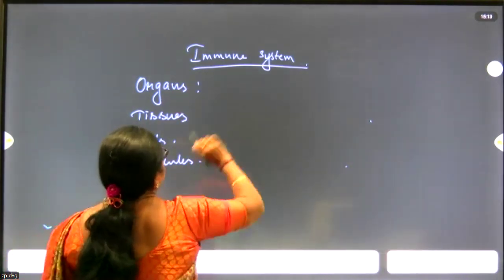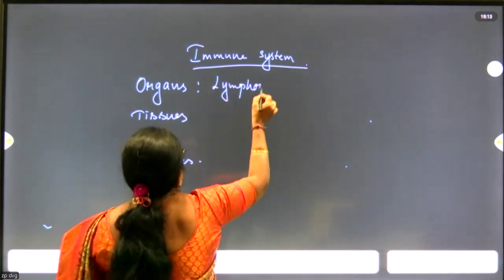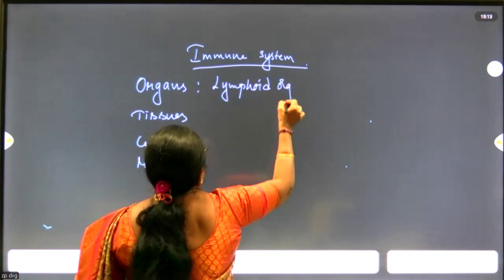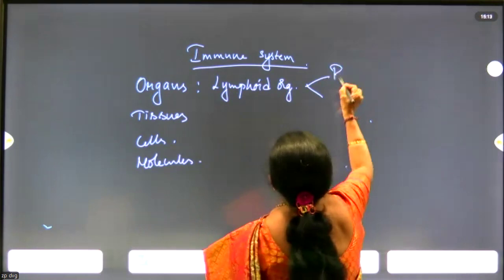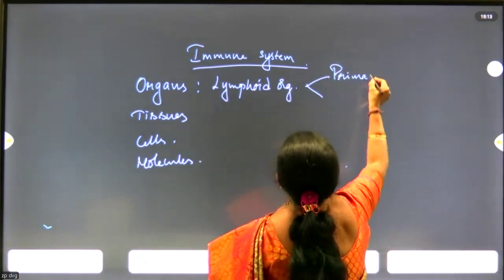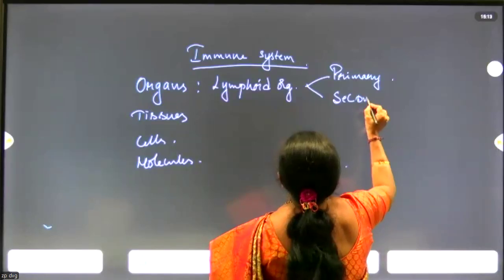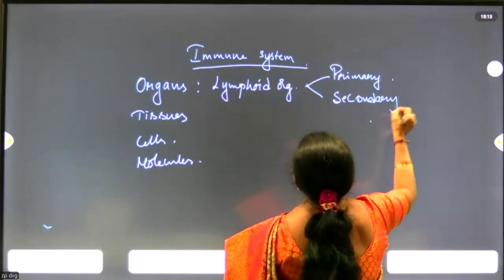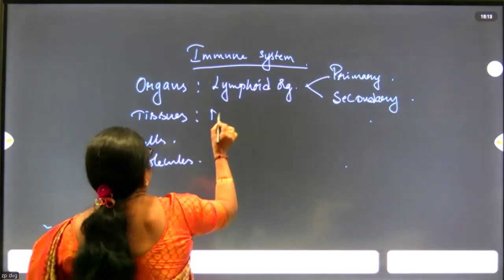The organs related with the immune system are referred to as lymphoid organs, and these are of two types, the primary lymphoid organs and the secondary lymphoid organs. Coming to tissues, we have MALT.